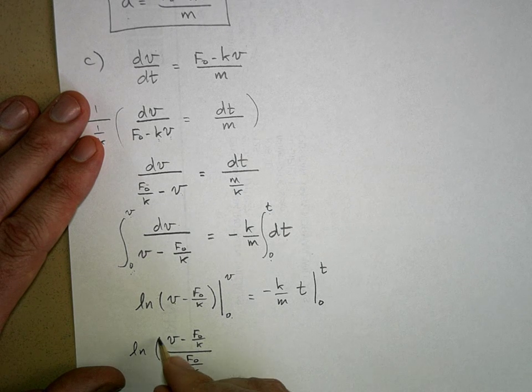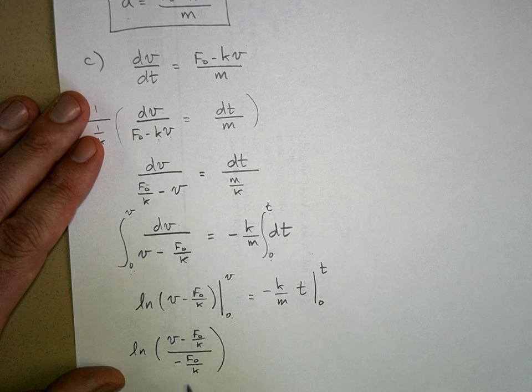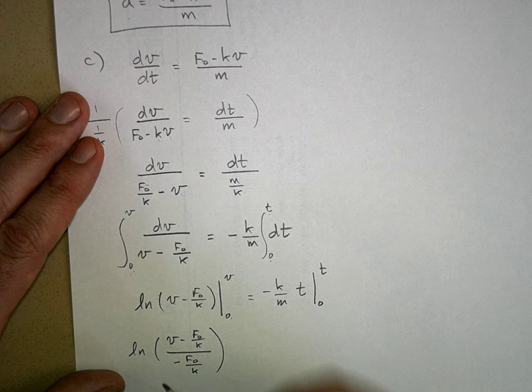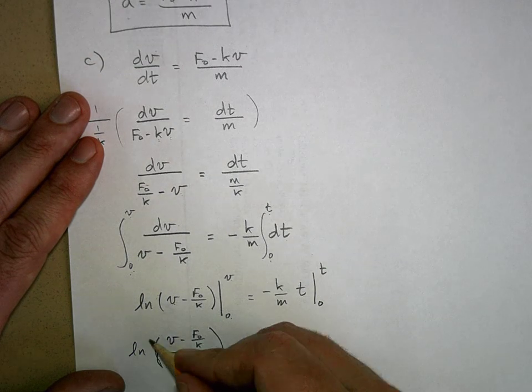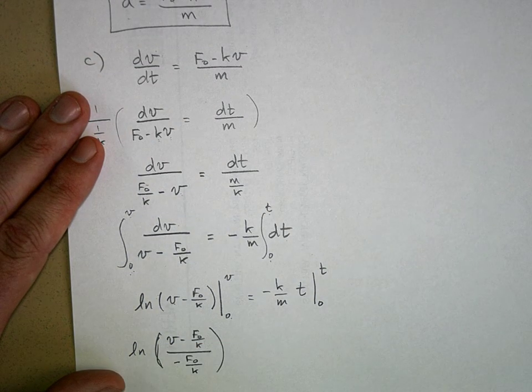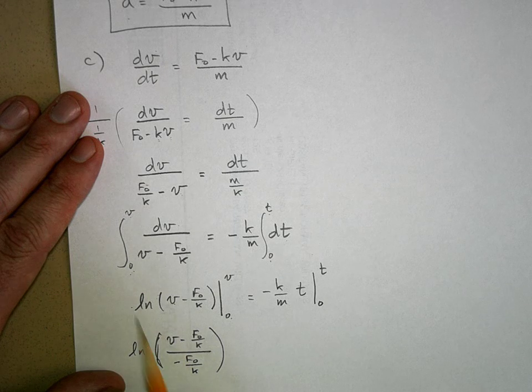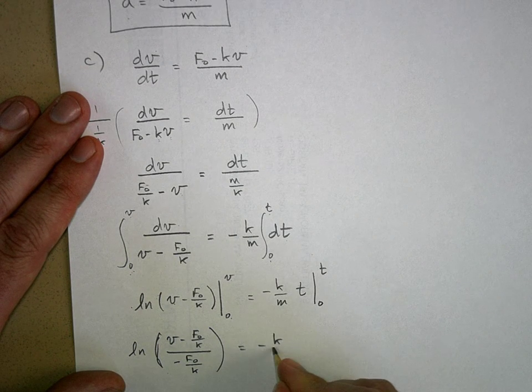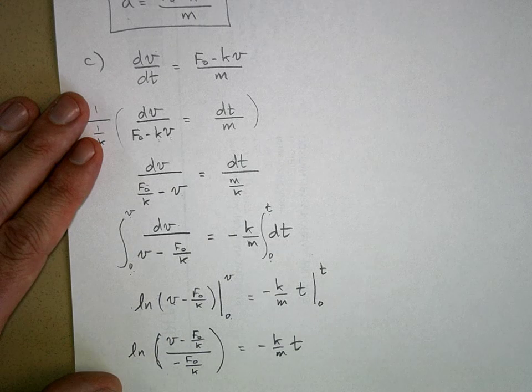And why am I dividing? Because when you subtract with natural logs, you can also take the natural log of the quotient. So review your natural log rules if you don't remember how to go from here to here. And this is going to be negative k over m times t.